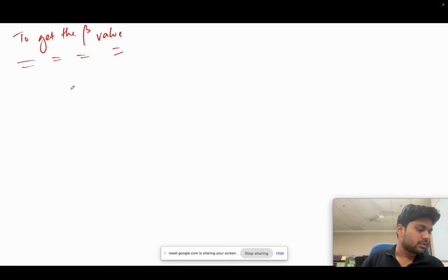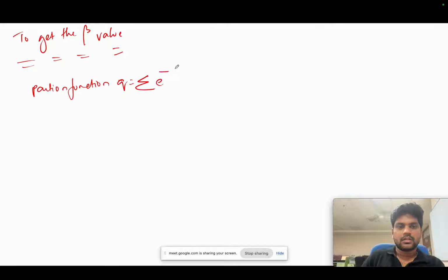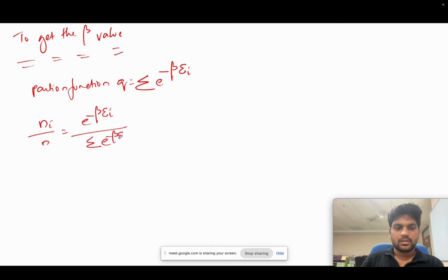we will take this equation and define the partition function q as sigma of e power minus beta epsilon i. Now we know that ni by n equals e power minus beta epsilon i divided by q.